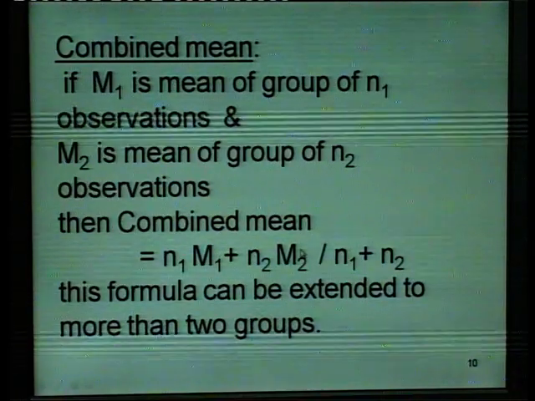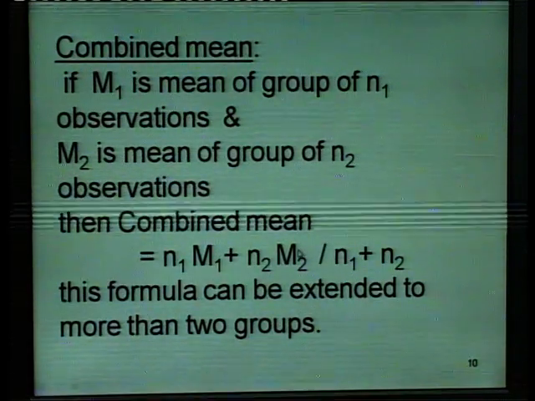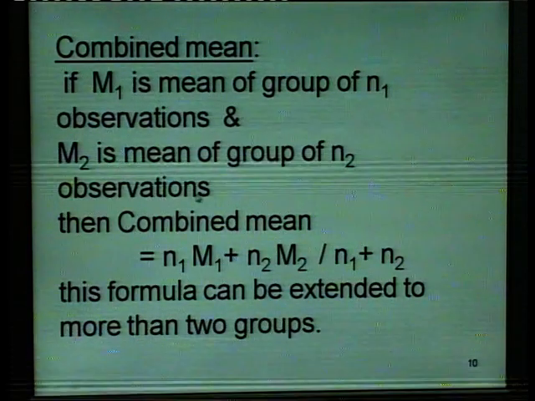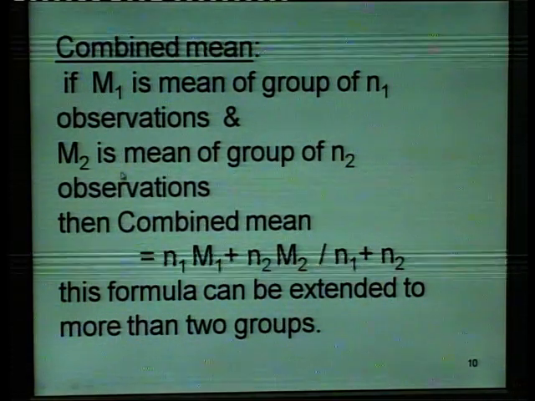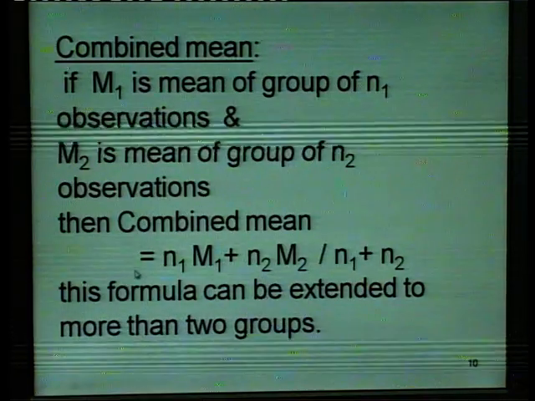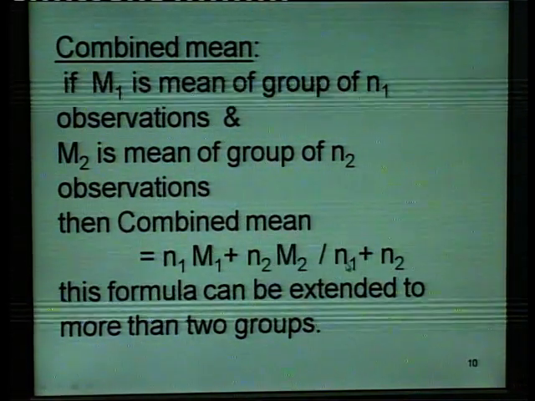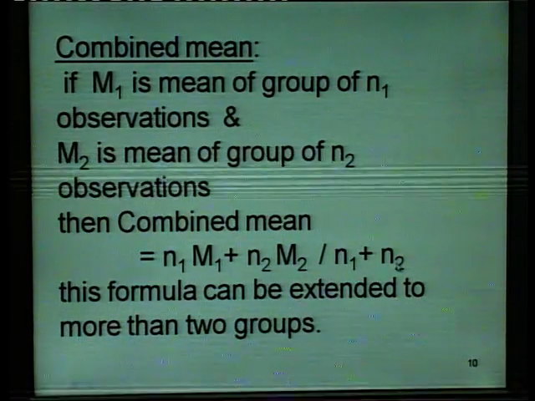Now we have to find the sum of observations. In the first group the sum of observations is N1 M1. In the second group the sum of observations is N2 M2. So the combined mean is the sum of observations, N1 M1 plus N2 M2, and the total number of observations is N1 plus N2.